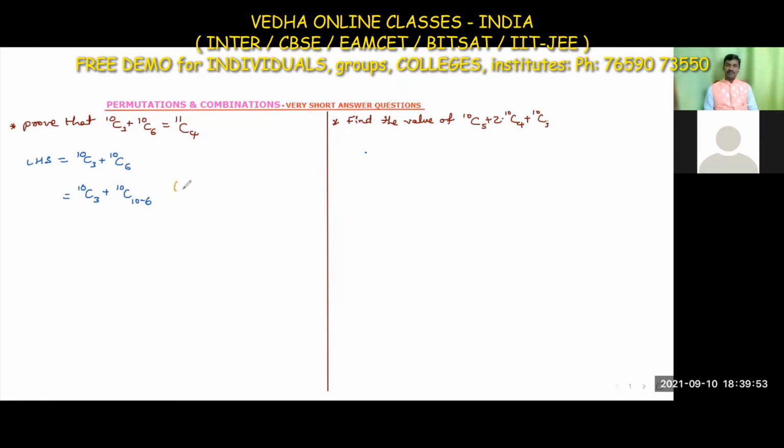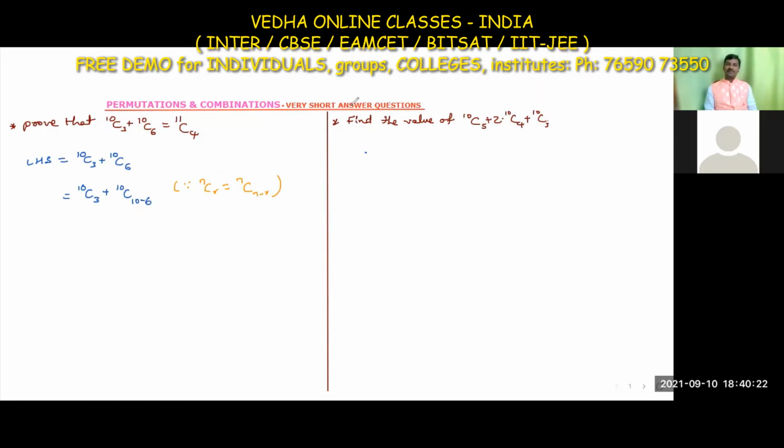Here we have one formula: NCR is equal to NC(N minus R). N minus R and R are equal, so 10 minus 6 and 6. When we replace the 6 with 10 minus 6, they are still equal.